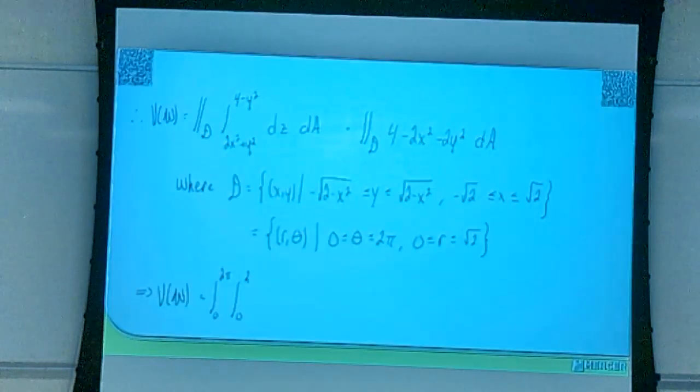What's the integrand, first of all? Without converting to polar, what is our integrand? Our integrand is 4 minus 2x squared minus 2y squared. Okay, now write that in polar. So in polar, 4 minus 2r cosine squared plus r sine squared.